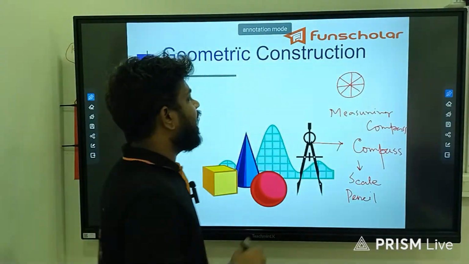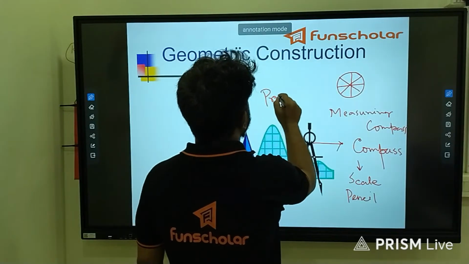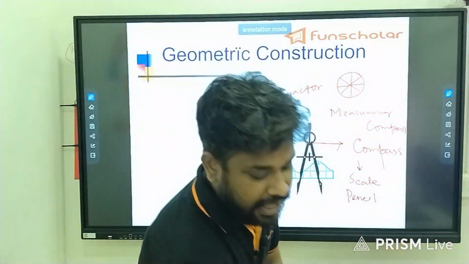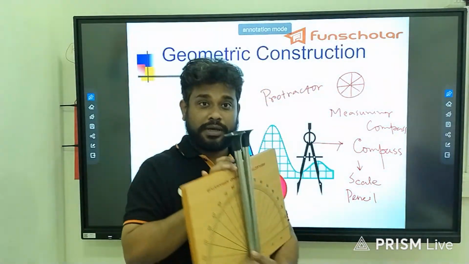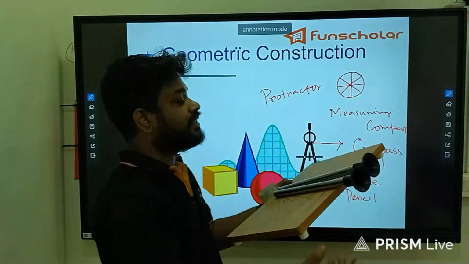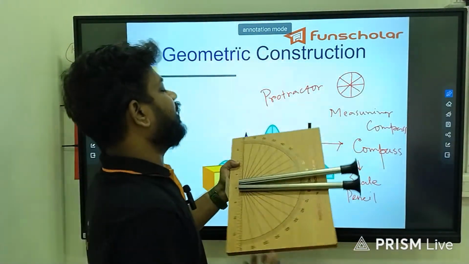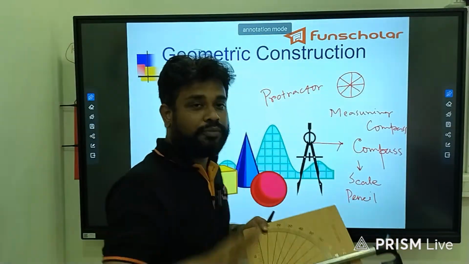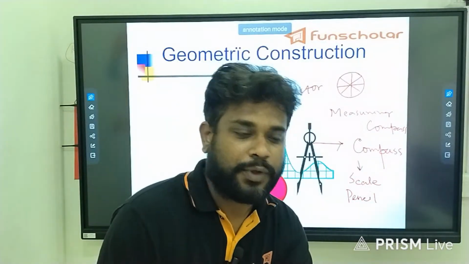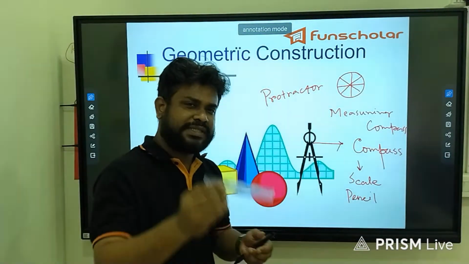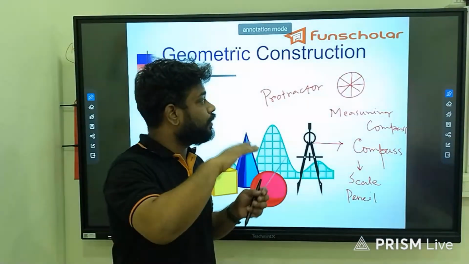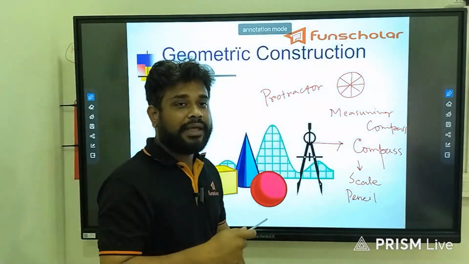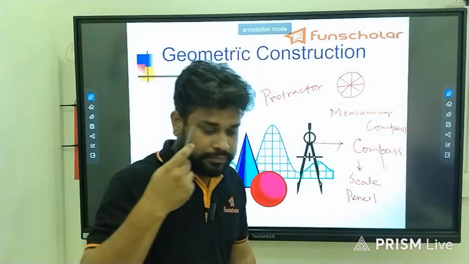Okay, and except that we need a protector, like this one. Yes, this one is a very big protector. You have the smaller one, but I have to explain all of this, so that's why I am taking this. And I also have a small scale here which we will be using to learn how geometric construction works.